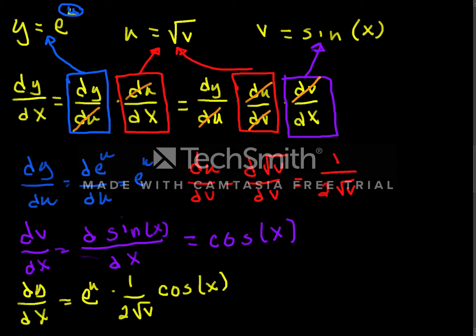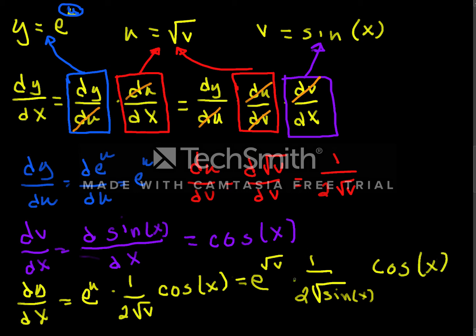However, if you notice, I want to know the derivative of y with respect to x. And over on the right-hand side, I've got the variable u, the variable v, and the variable x. So I'd like to write it all in terms of x. Well, just substituting everything in, this is equal to e to the, so u is equal to root v, times 1 over 2 root v, but v is sine of x, so this is root sine of x times cosine of x.